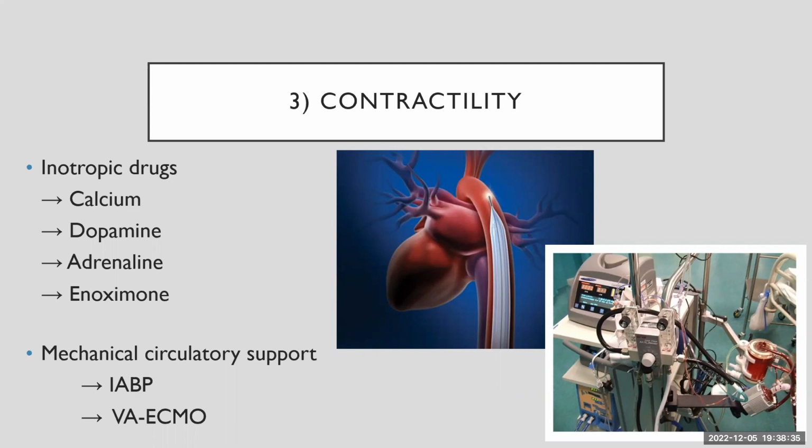And the balloon rapidly deflates just before contraction of the left ventricle. The result of that is to reduce the afterload by creating a slightly negative pressure within the ascending aorta. The net effect is said to be that it improves the oxygen supply to the myocardium by improving myocardial blood supply, and also reduces the work of the left ventricle by reducing afterload.